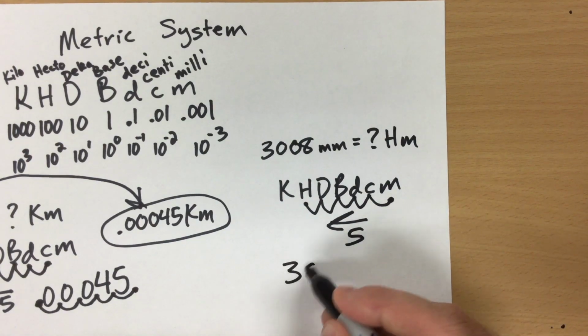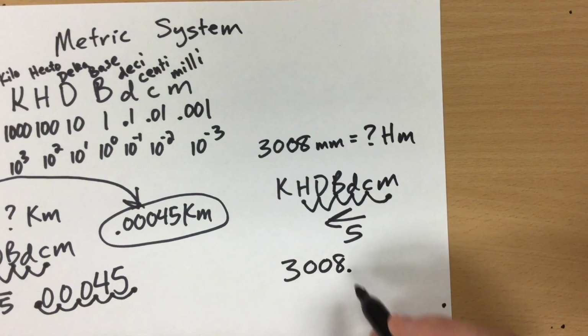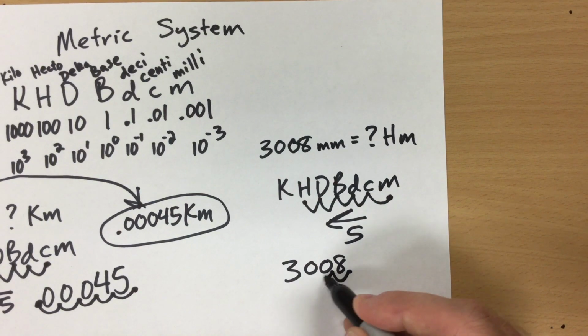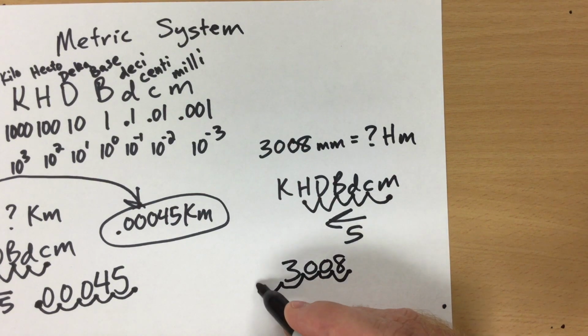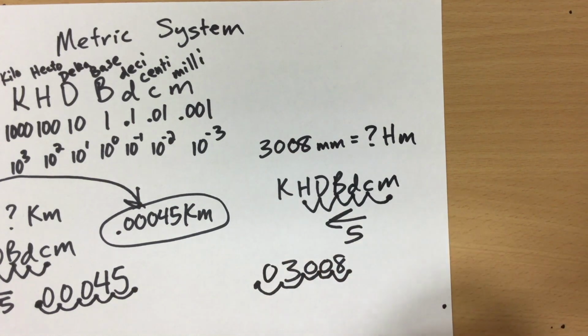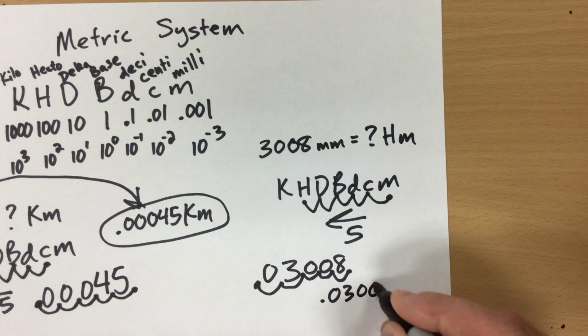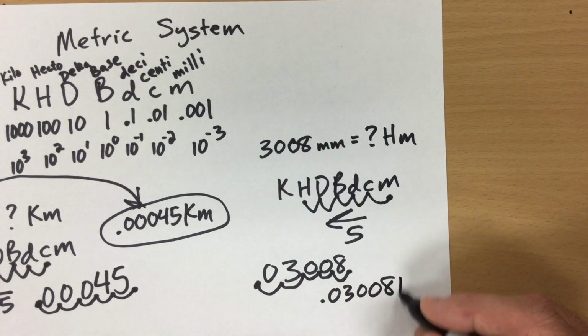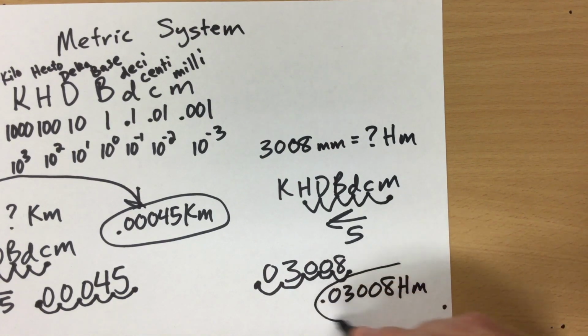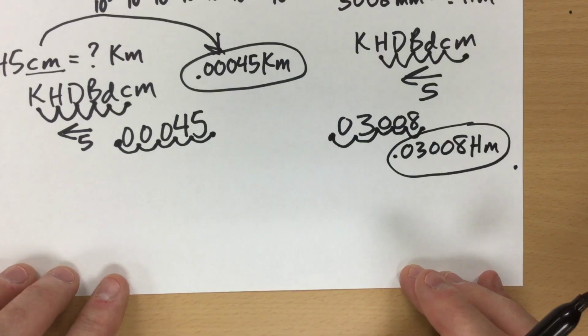I take my number 3,008. Let's move it 5 spots to the left. 1, 2, 3, 4, and 5. I fill in this with a 0, and I get a final answer of 0.03008, and that is now in hectometers. There's my answer. Let's try one a little more tricky.